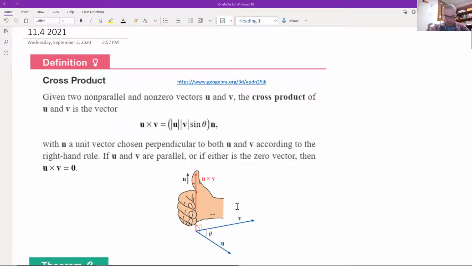But I want to keep making a comparison to the dot product. Especially if we look at this part, this looks a lot like a dot product. And this is really more of the magnitude of u cross v.